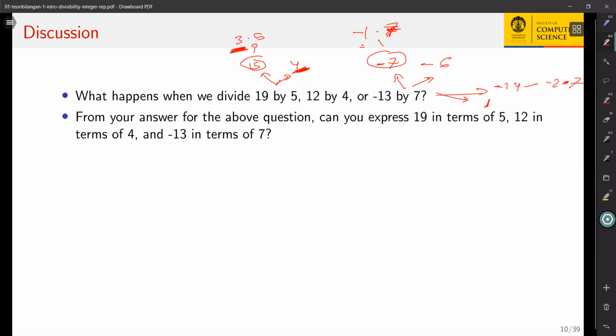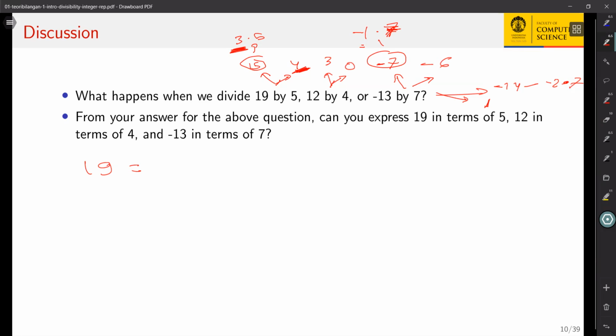How about this one, 12 by 4? Can you get two numbers? Yes, sir. And what would be the numbers? 3 and 0. Correct. So now, can we write 19 as a combination of the rest of the numbers, like 3, 5, and 4?